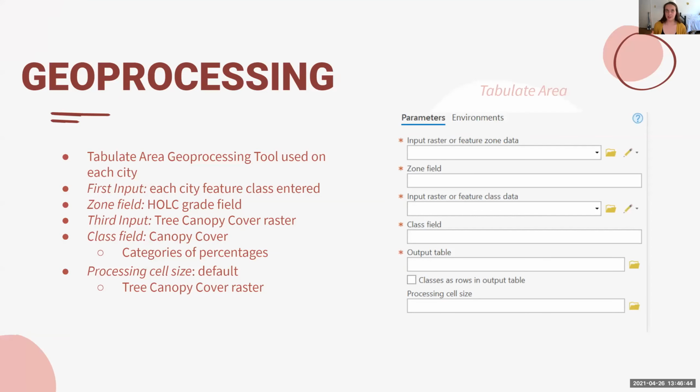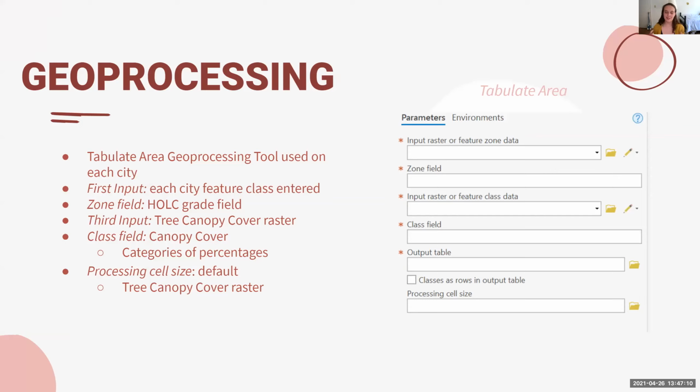So with this information in mind, I had to geoprocess all of the information in order to produce a table with the area of tree cover within each neighborhood. So each city was inputted into the first input, and then the HOLC grade field was inputted into the zone field.